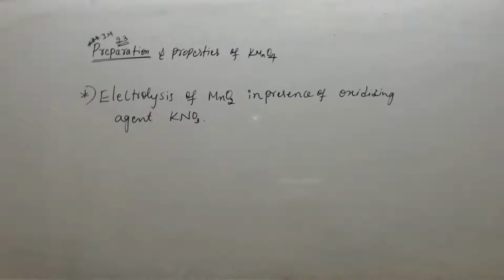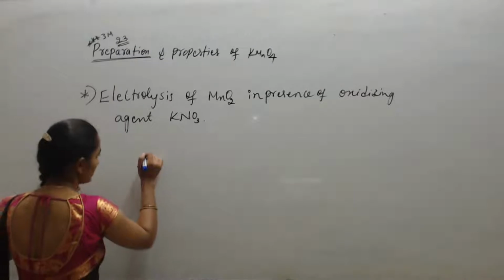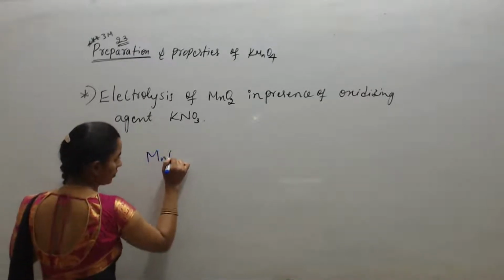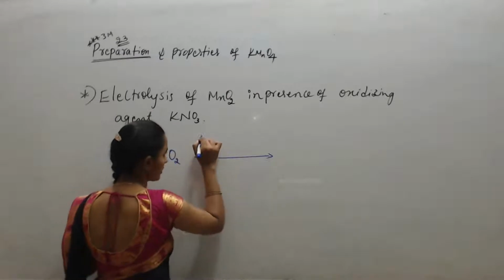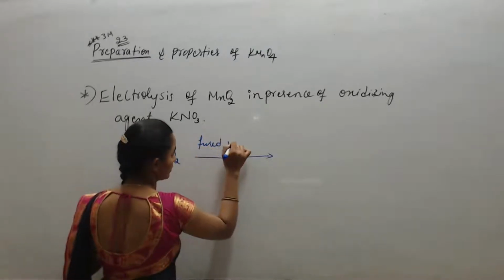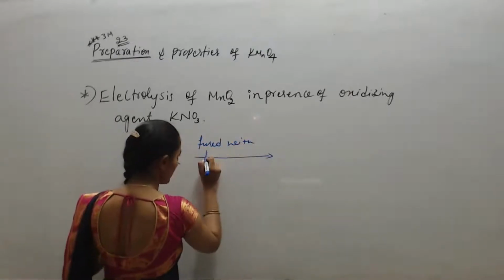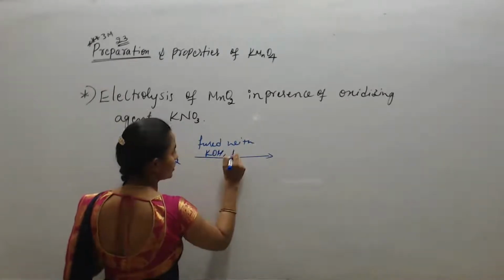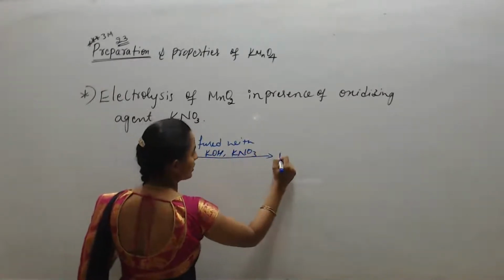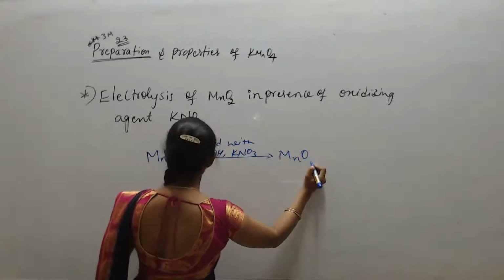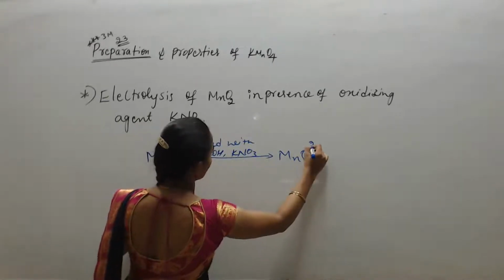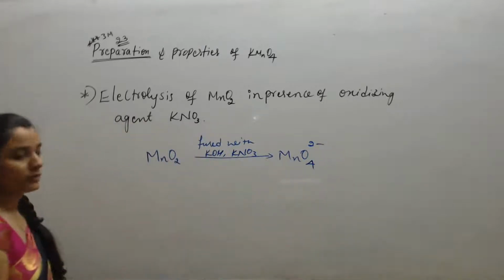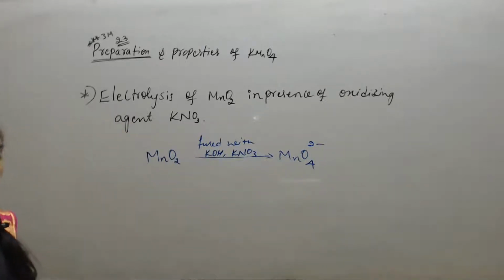Here, first MnO2 is fused with KOH in the presence of KNO3, so MnO4 2 minus forms.